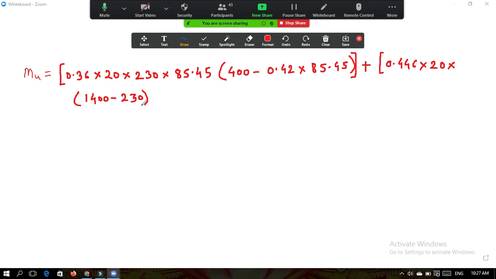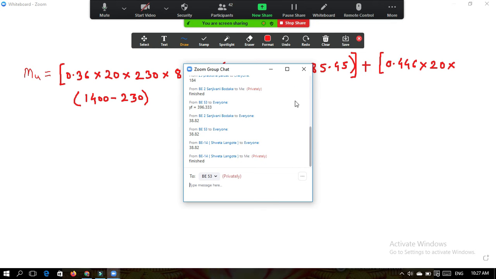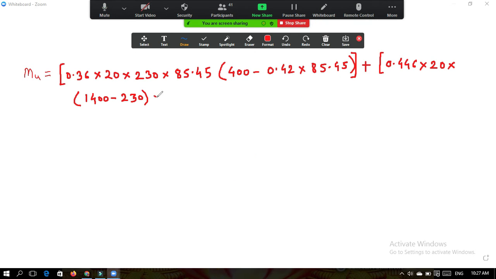So right now we have calculated the value of YF. It is 38 point something. Okay, I should see the value. YF is 38.82. Okay, so the YF is 38.82. So multiply this by 38.82. That is the value of YF into, again the lever arm is remaining.